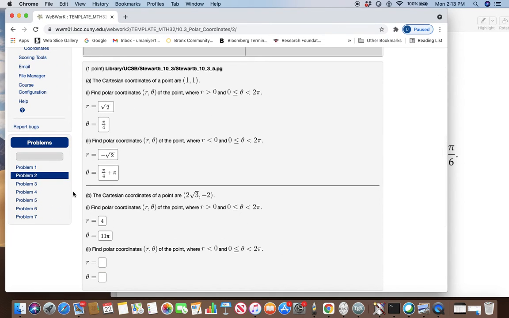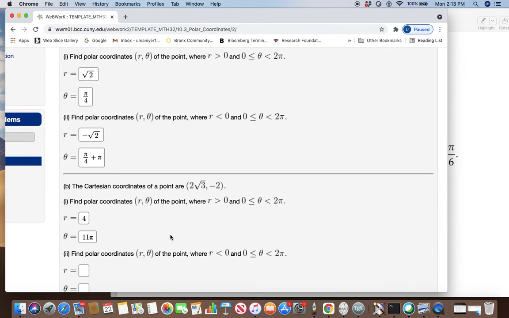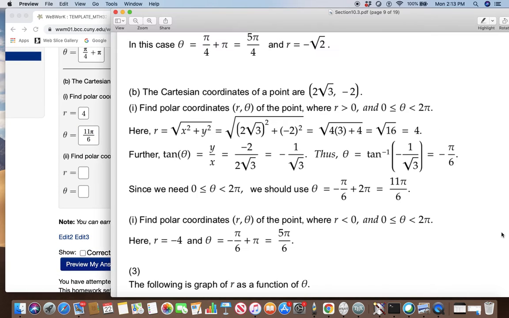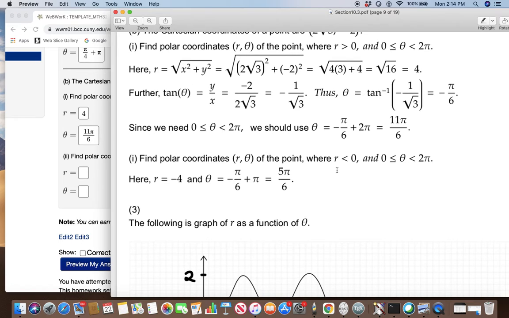11 pi over 6. All right. Now, when we are on the negative side, r is the negative root, so negative 4, that's okay. But I want theta. Notice, if r is negative, then I have to look for the opposite side, right?